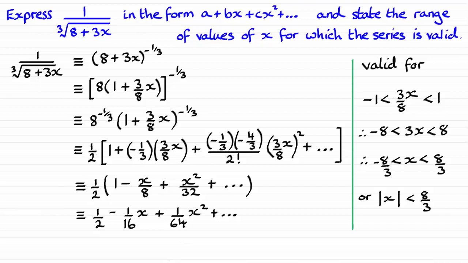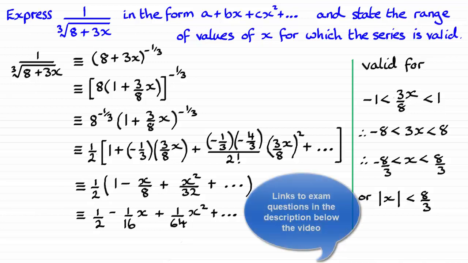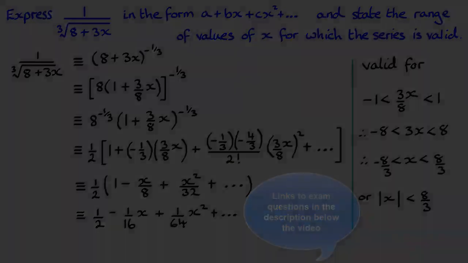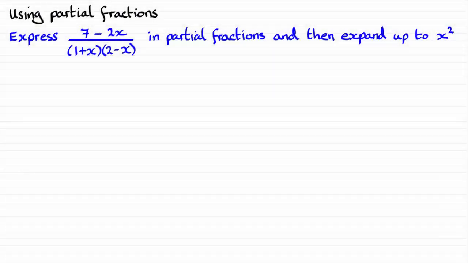Now, the next section will be looking at partial fraction types where we take a fraction, split it into partial fractions, and then use the binomial expansion. Now in this section, what I want to show you is how we can use partial fractions to break up a fraction, say something like this, and then go on to use the binomial expansion to create a series expansion.